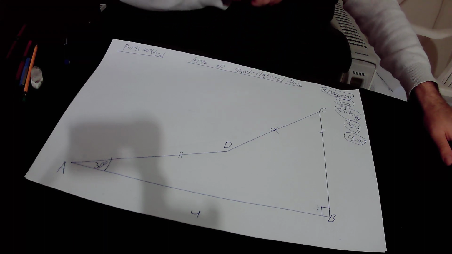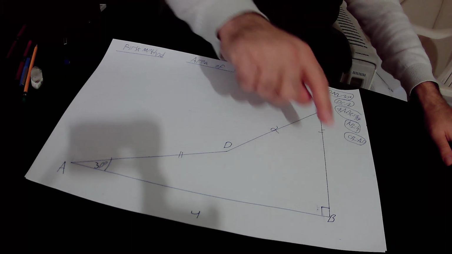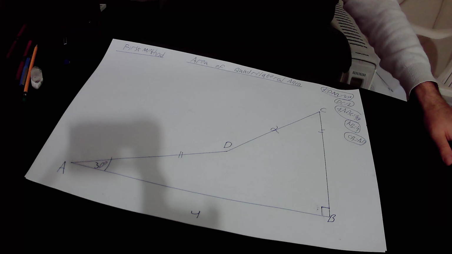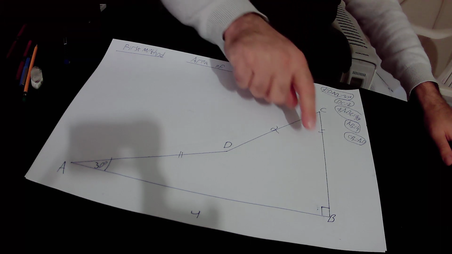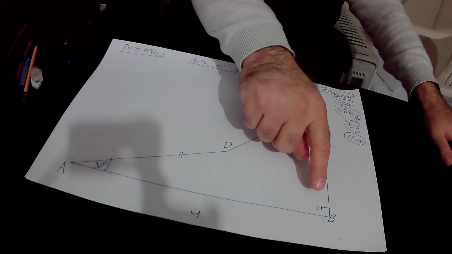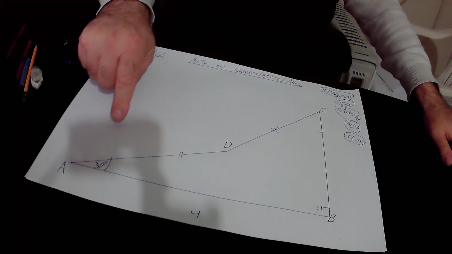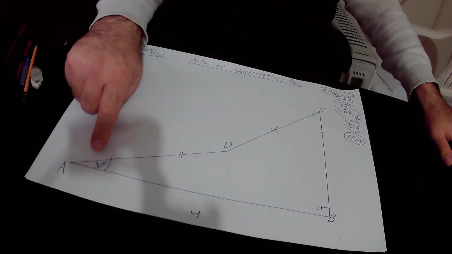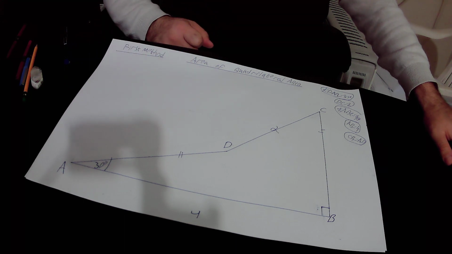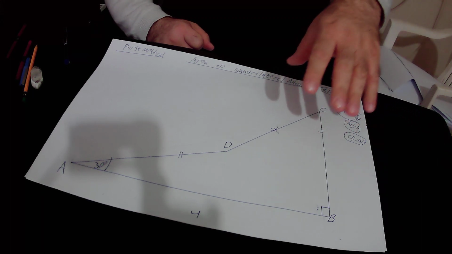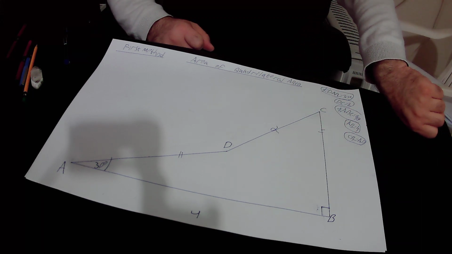We also know that side CB equals side AD, and that angle ABC equals 90 degrees, angle DAB equals 30 degrees, and we want to find the area of this quadrilateral ABCD.